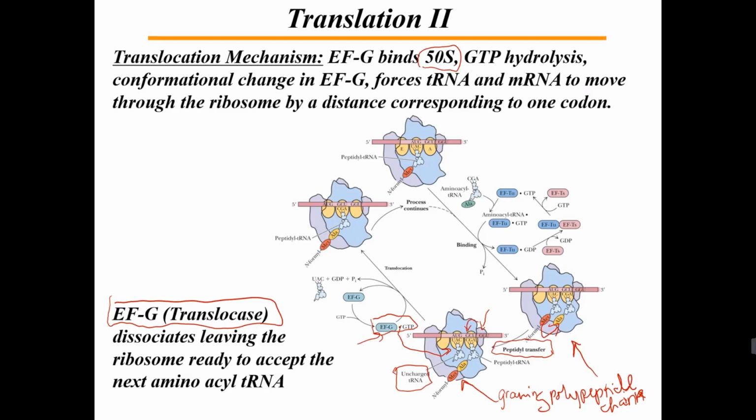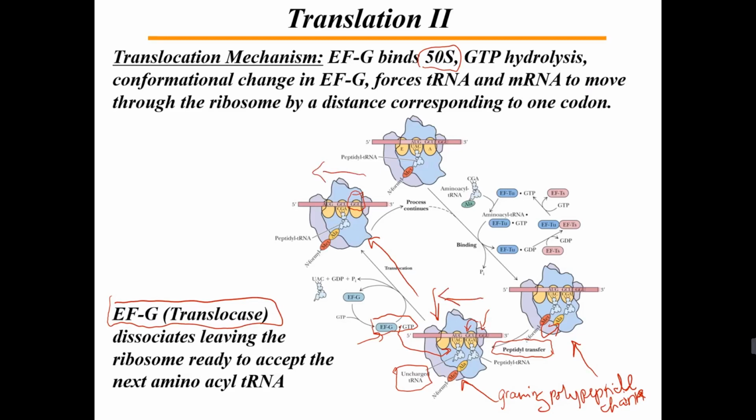So we go from this conformation down here, and then finally, when we get GTP hydrolysis, translocating the mRNA and the tRNAs by a distance corresponding to one codon. So we've actually moved everything this way.